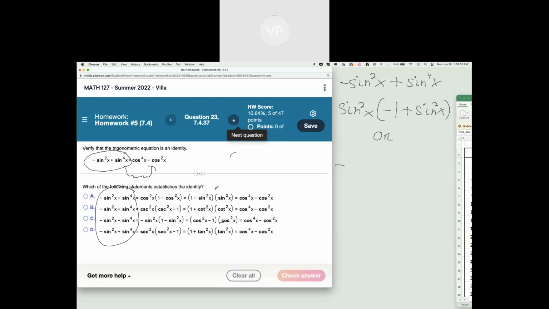Okay, or I could have pulled out a negative sine square x, and that would have left me with 1 minus sine square x. They're both the same. A lot of times people don't like that first term to be negative, so they'll pull that out. And the reason this is better is that this parenthesis is cosine square x.